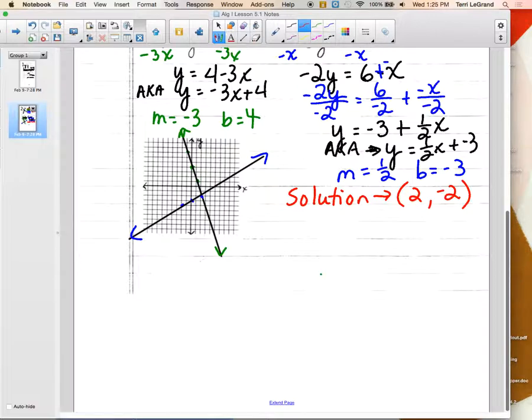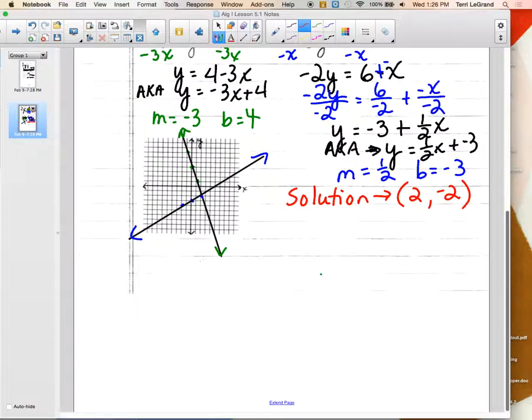But stop, because some of you are already starting to check, aren't you? Anybody already starting to check? Okay, here's where you have to be careful. If you check it in the slope-intercept form and it checks out, you're like, cool, I got this, and then you come to class tomorrow and you say, well, Mrs. LeGrand, I got a different answer, and mine checked out. Well, here's the reason.